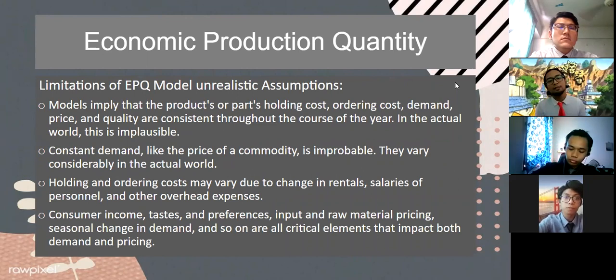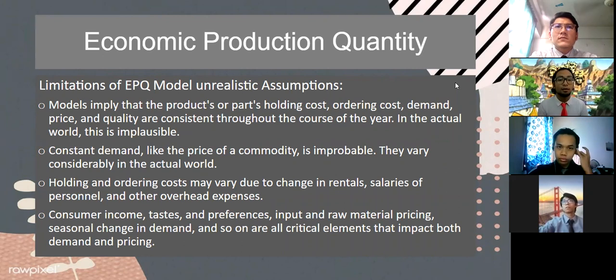There are several limitations of the EPQ model, such as unrealistic assumptions. The first one is that the model implies that the product or part's holding cost, ordering cost, demand, price, and quality are consistent throughout the course of the year. In the actual world, this is impossible. The second one is that constant demand, like the price of a commodity, is improbable.